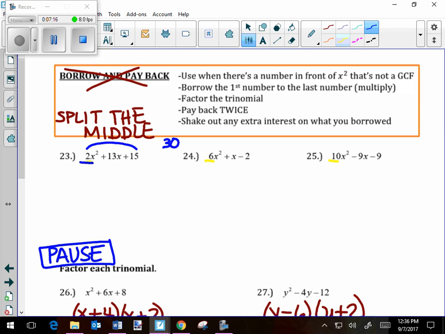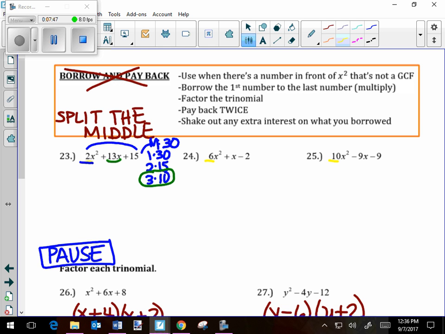So what I'm looking for are not really numbers that multiply to 15, because I've multiplied the 2 times the 15, and now I'm looking for numbers that multiply to give me 30. So if I look at the numbers, I know I have 1 and 30, 2 and 15, 3 and 10. And I'm going to pick the ones that give me this 13 right here. And the only way I'm going to get 13, if I'm adding, is by doing 3 and 10.